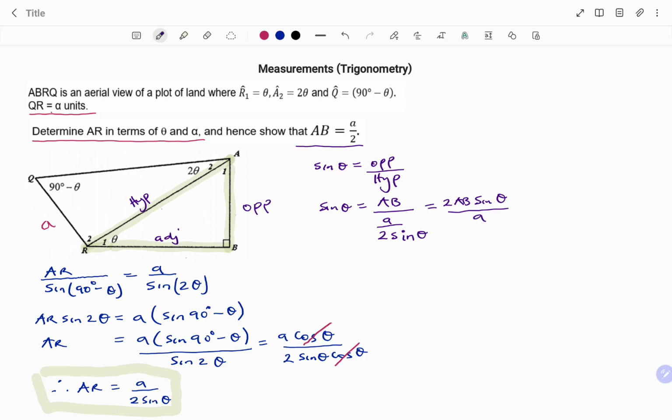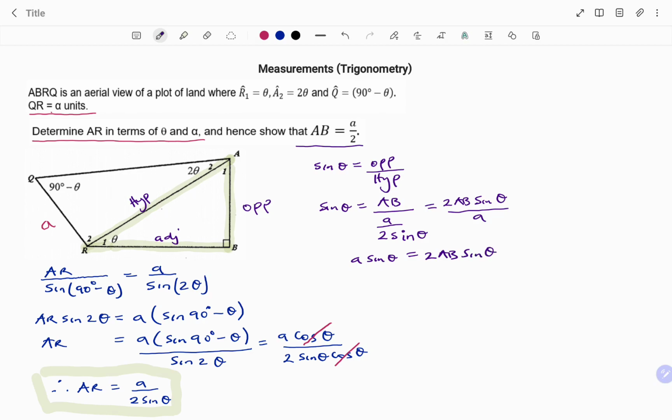Remember, we have to make AB the subject of the formula, so we can start by cross multiplying. We have a sine theta equals 2 AB sine theta.